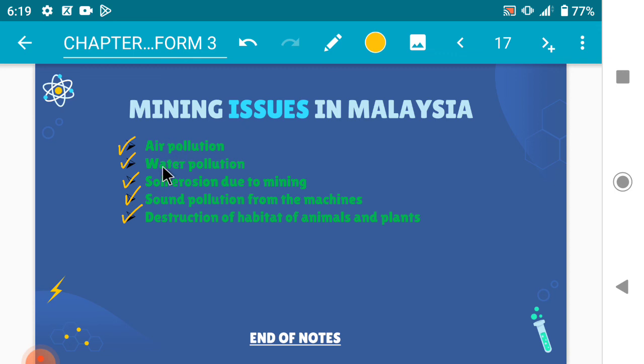Of course air pollution, because the machine itself operates using fuel, and the burning of the fuel will produce very hazardous smoke, which is released into the environment and causes air pollution.